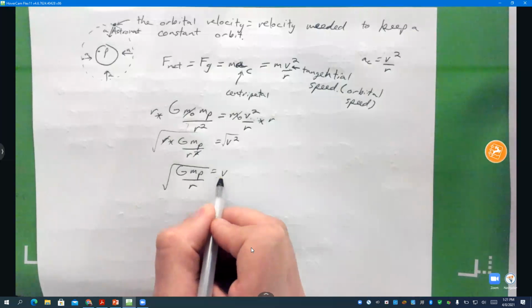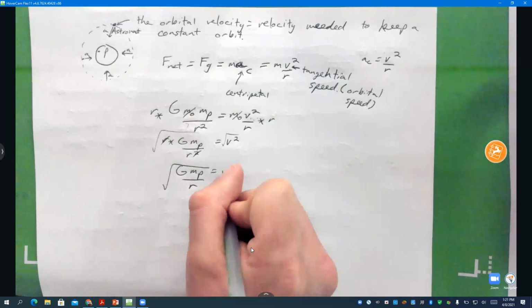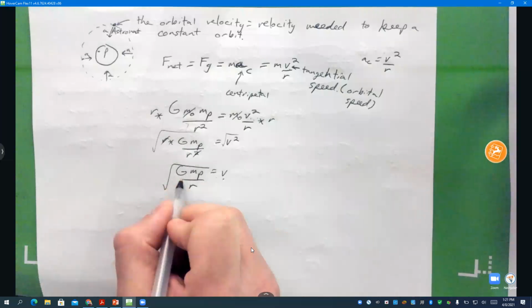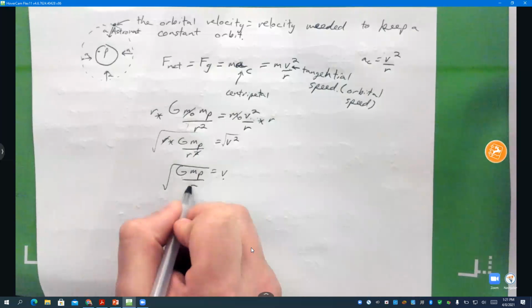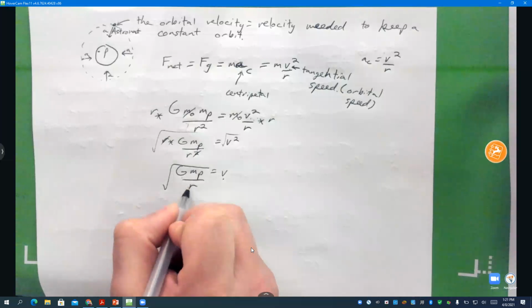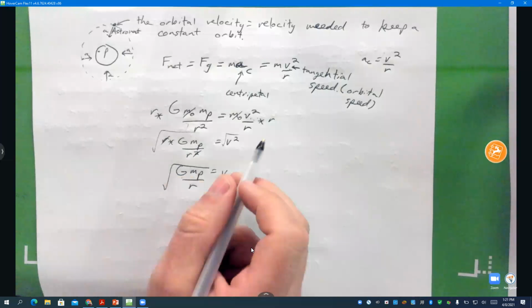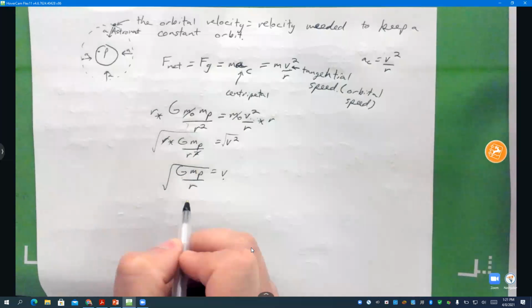That the speed is equal to the square root of big G times the mass of the planet divided by the distance between them. Note that we lost the squared because of this r over here.